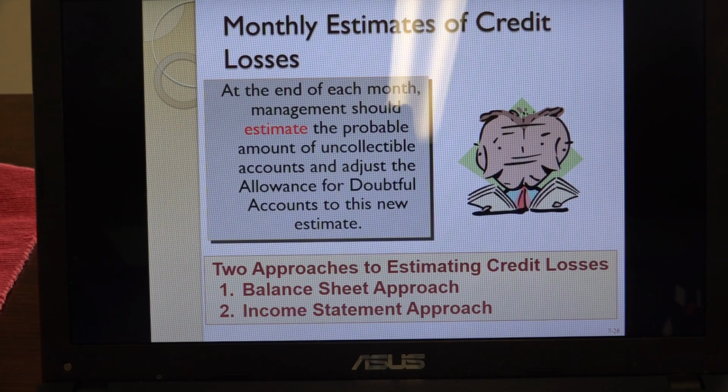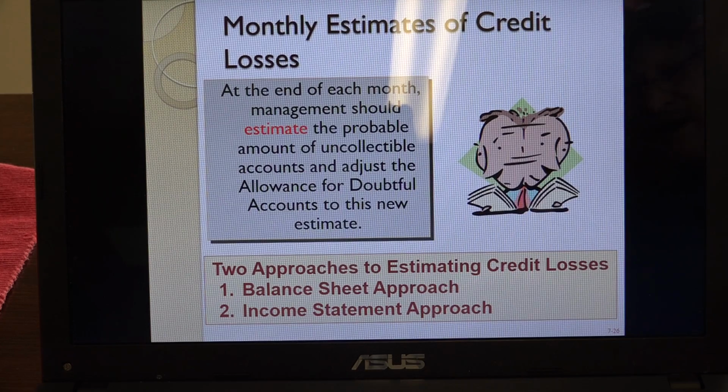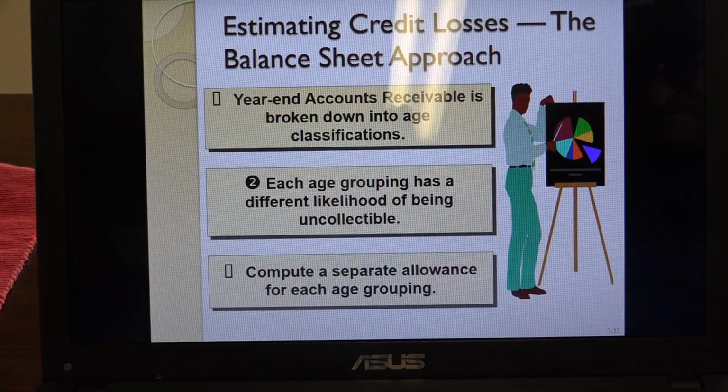I prefer the balance sheet. I think it's more accurate than the income statement approach, but let's look at both and you can decide.